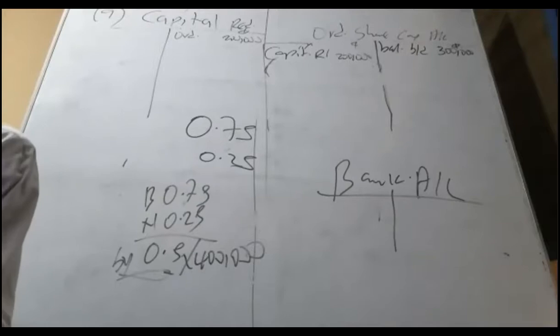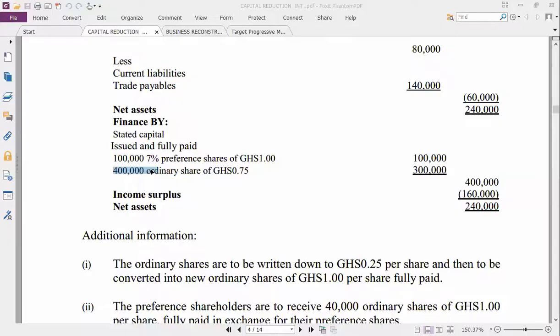Let's continue. Again, they say something, and then it is to be converted into new ordinary shares at 1 Ghana cedi, fully paid. So now they say convert it to 1 Ghana cedi.